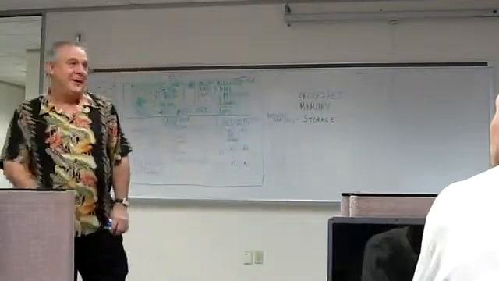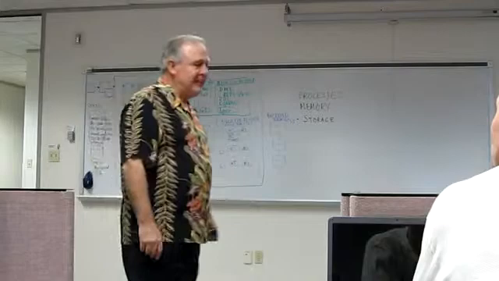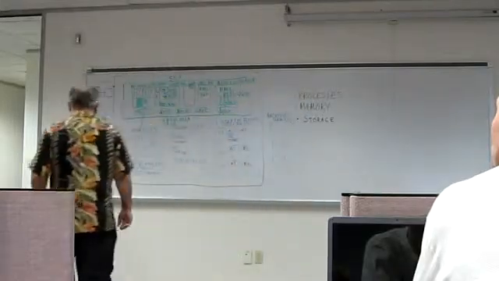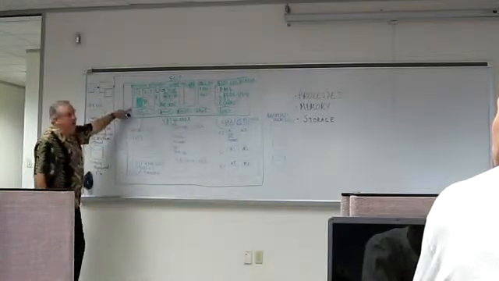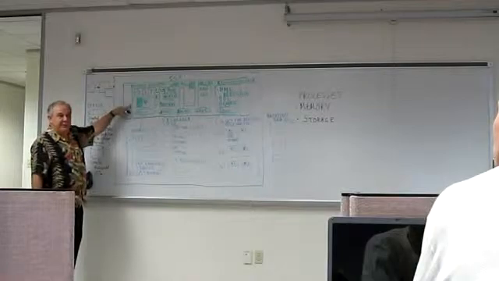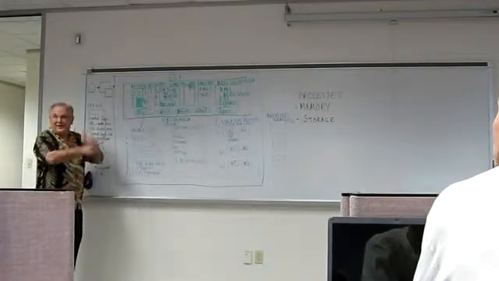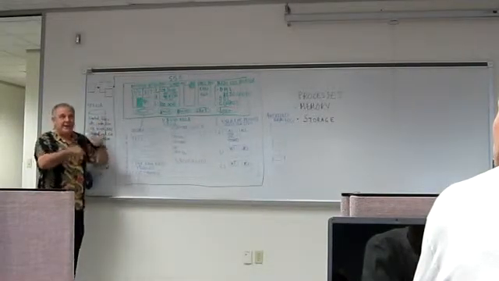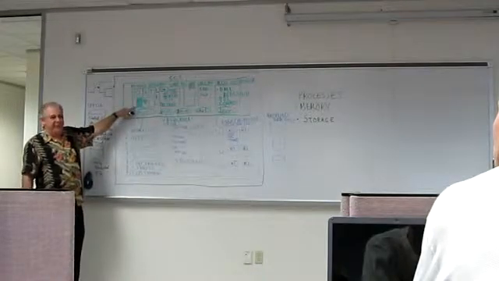I did not have this drawing on the board. But what I shared with him was this. Because of the LRU algorithm that exists on the database buffer pool, you could have blocks that keep getting updated, and they could stay in memory forever.